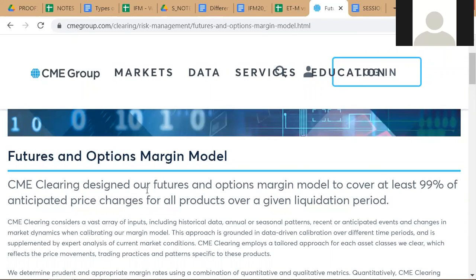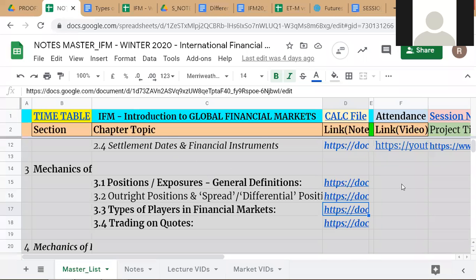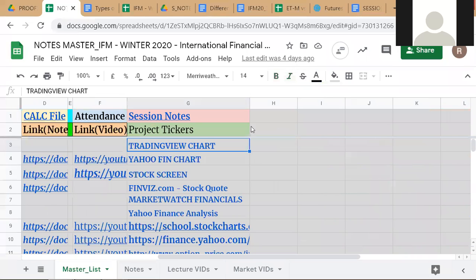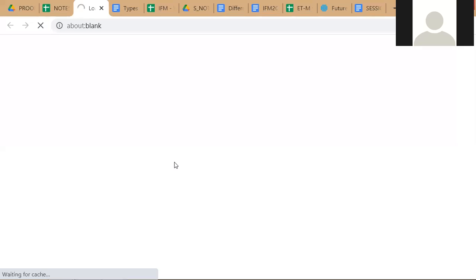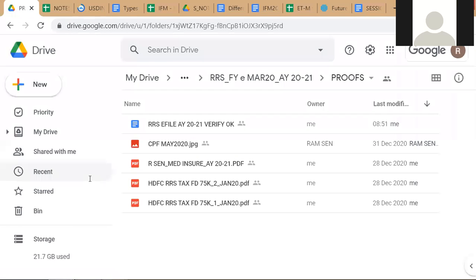If we launch our beloved TradingView charts, you can also do a vol analysis, right? We'll wait for it to load.